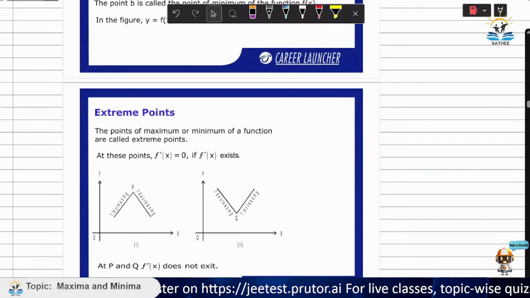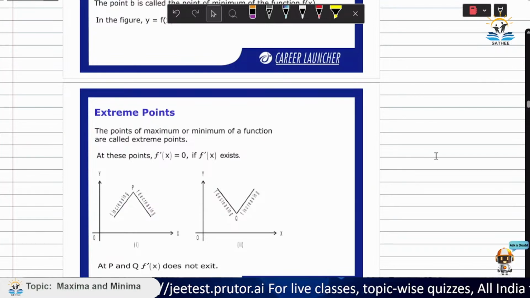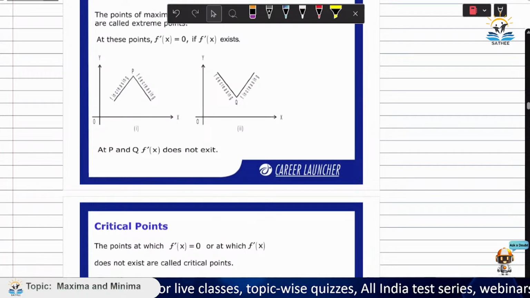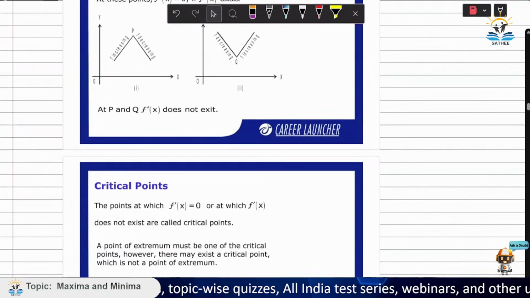Now extreme points. The points of maxima and minima of a function are called extreme points. At these points, f dash x is equals to 0 if f dash exists. Cool. See here, there is also a point of decreasing and increasing.